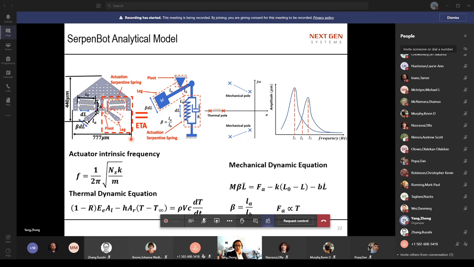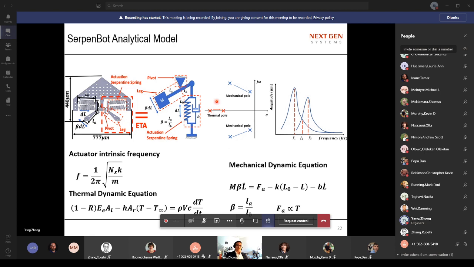Here, we also add the cantilever amplification. You have a second order differential equation to describe how the legs are moving. So this system in total is a 3rd order differential equation, a 3rd order system.